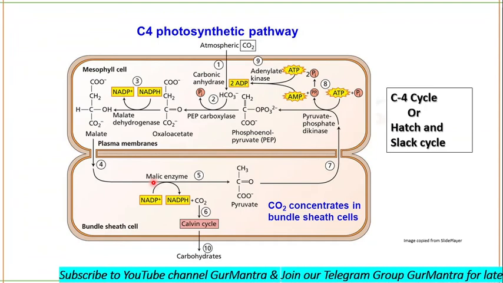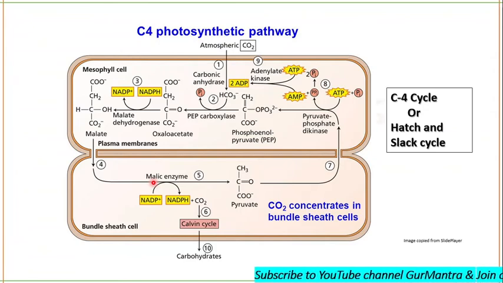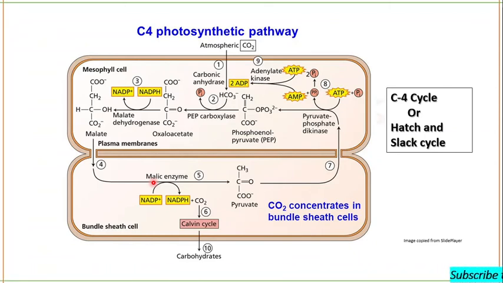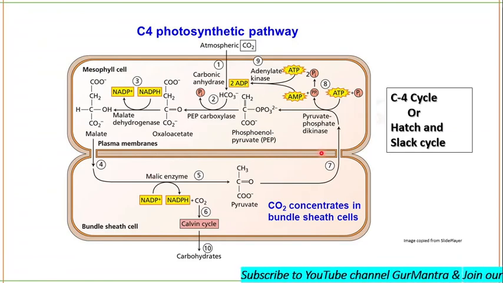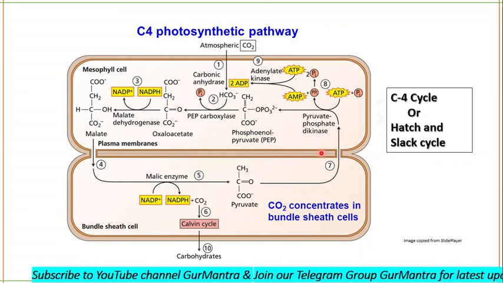Is everything clear to you? Very good. That's great. Now you know how many ATPs are used in the C4 cycle. Now you know where malic acid is being formed. In fact, you already know many things. But is everything clear to you now? Great. I wanted that. Okay. So here we complete our C3 and C4 cycles.